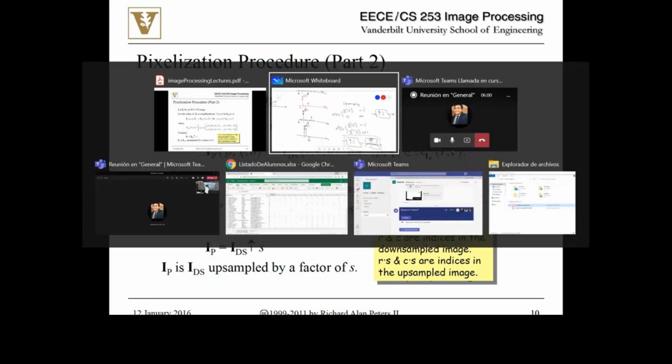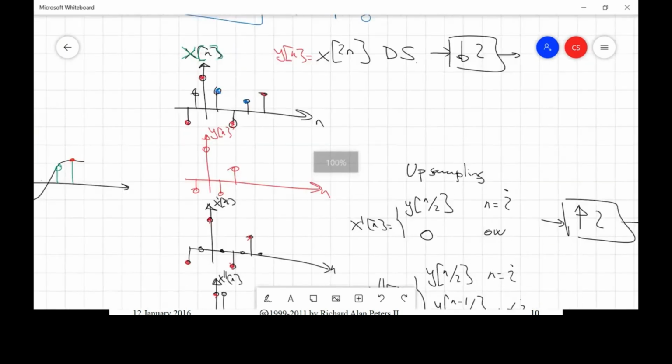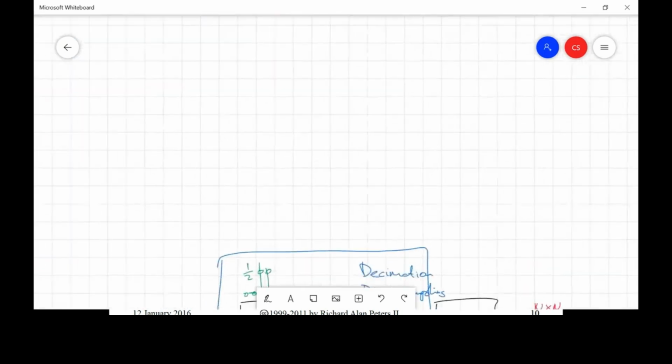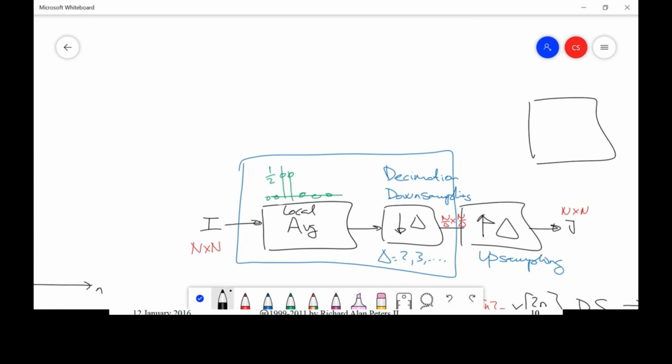So this is interesting. When you use coordinates, it's interesting that you define where your coordinate system is. So this is the image here, and a point here will be rho and chi, and we said that the size of this image is n times n.